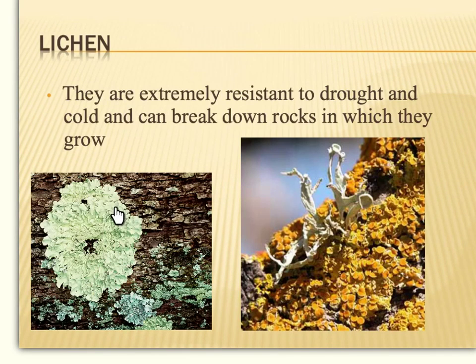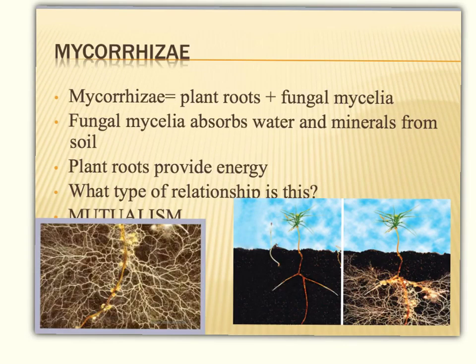Here are some pictures of lichen. They are extremely resistant to drought and cold, and they can break down rocks that they grow on. So they are super important to have around when there's no soil. Our last, but possibly tied for the most important symbiotic fungi, are the mycorrhizae. They are fungal mycelia, those networks of hyphae, found on the roots of plants.